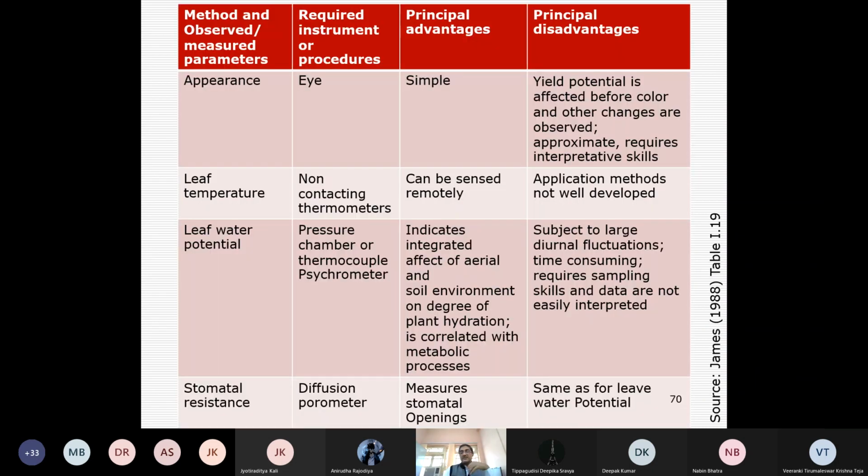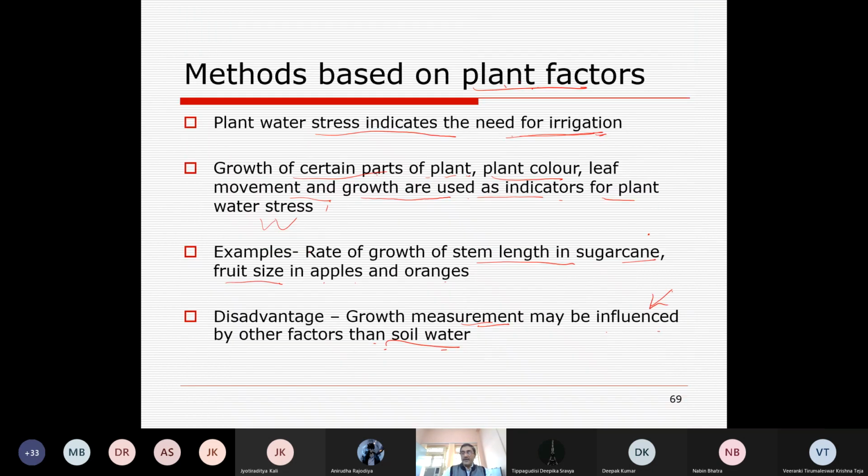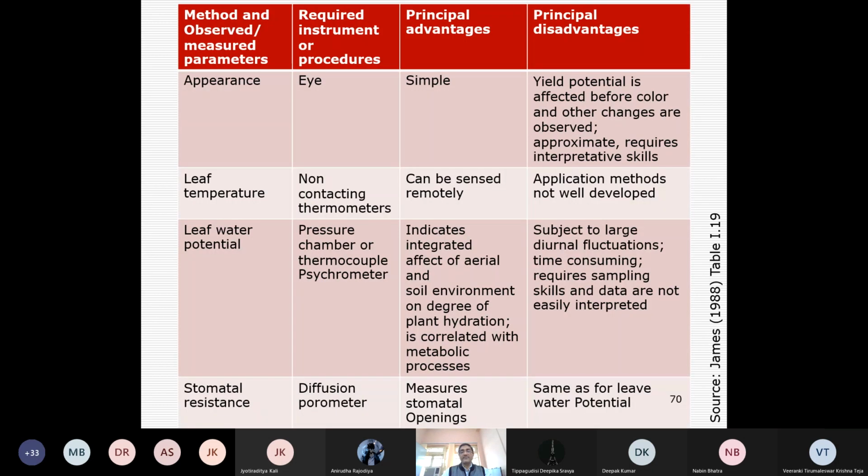Now, different methods, just like earlier it was soil moisture. Here we can see other factors are used for plant factor based irrigation scheduling, like appearance, like fruit or leaf appearance.